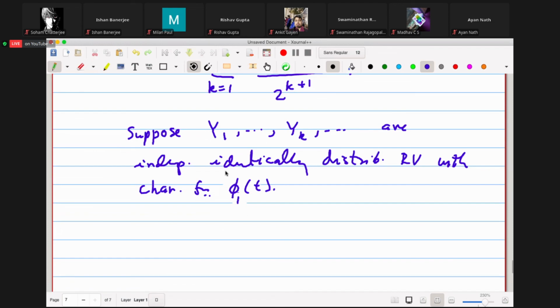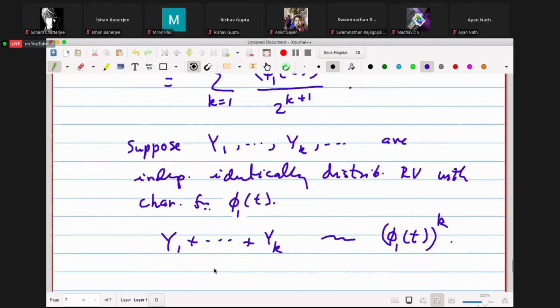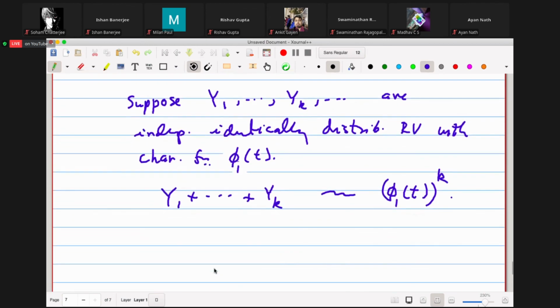So what you do is, after you do this, then you consider y1 plus ... plus yk. Now this will have characteristic function phi1t power k. All right. And now you are not quite done yet because you want this to be your characteristic function. So now you have to play a different game.